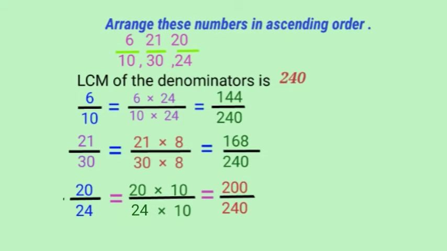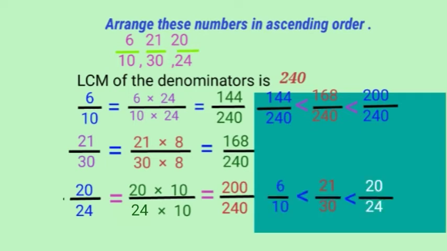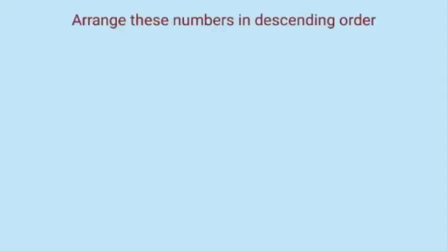Now the denominators are same. So arrange these rational numbers in ascending order, that means from smallest to biggest. That is 144 by 240 is less than 168 by 240 is less than 200 by 240. That means 6 by 10 is less than 21 by 30 is less than 20 by 24.